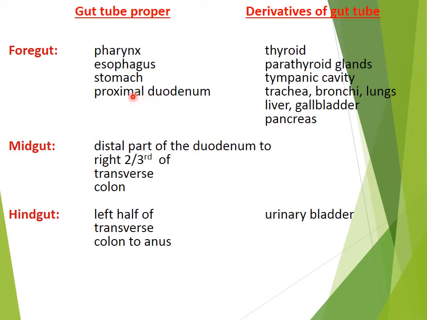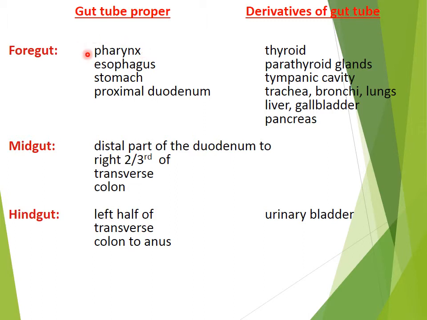You will see in the gross lecture that the bile duct is going to open in the second part of the duodenum. So till that opening of the bile duct, this is the foregut area. Also the pharynx is basically derived from the pharyngeal arches, which you will study in the development of head and neck.